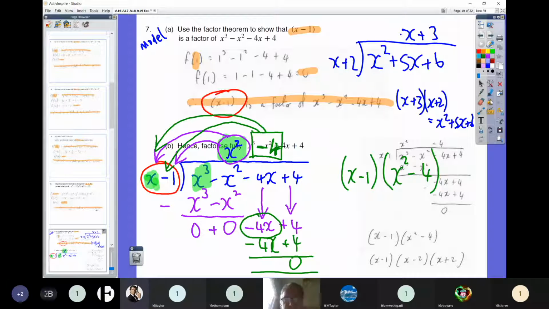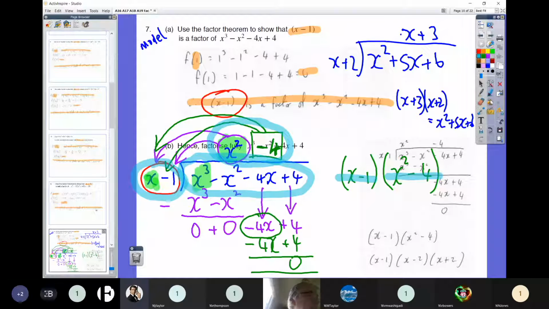Okay, so just again, I know it's getting lots of color on it now, but just so you're clear, because x cubed minus x squared minus 4x plus 4 divided by x minus 1 equals x squared minus 4, looking at it the other way, x minus 1 multiplied by x squared minus 4 is indeed x cubed minus x squared minus 4x plus 4.